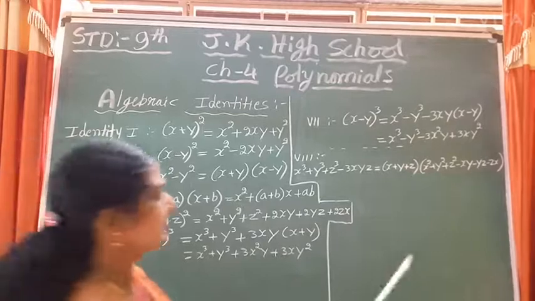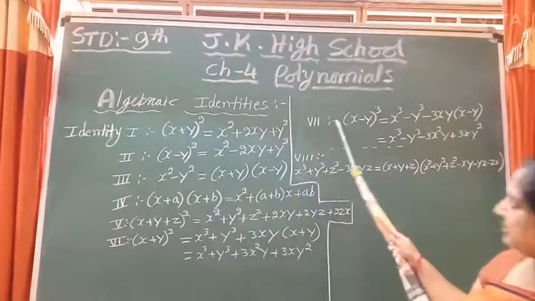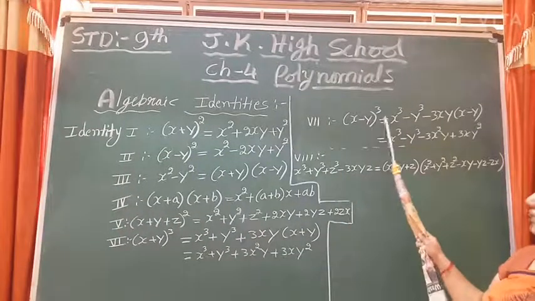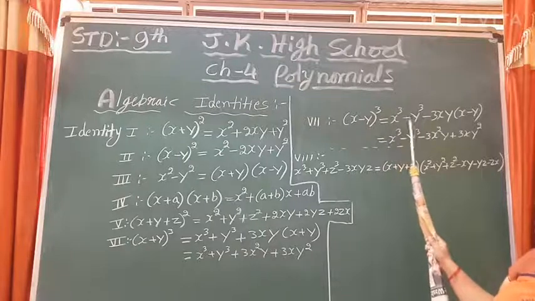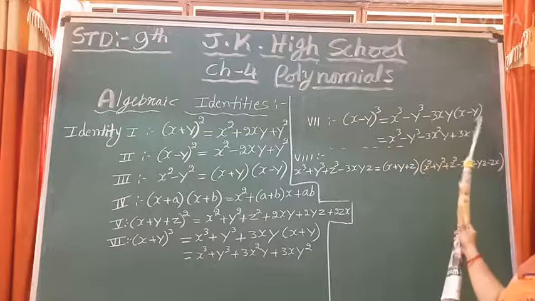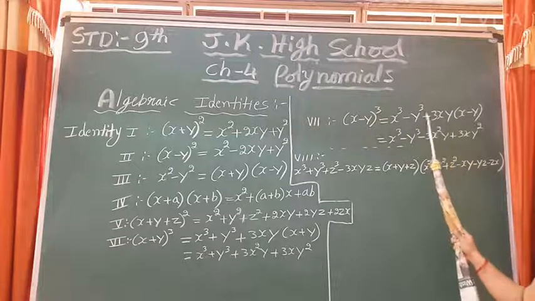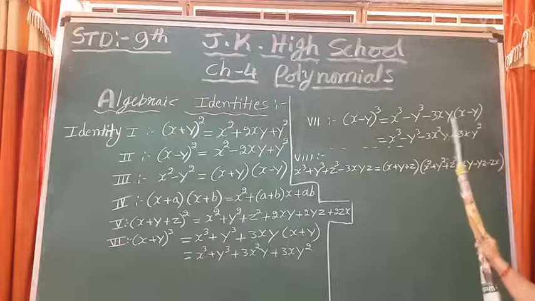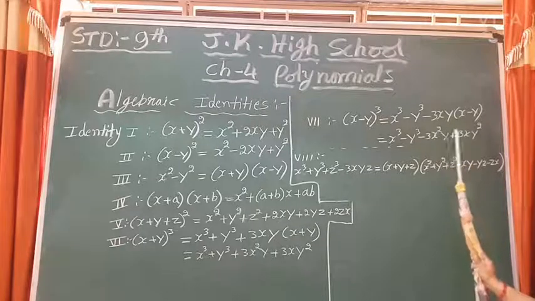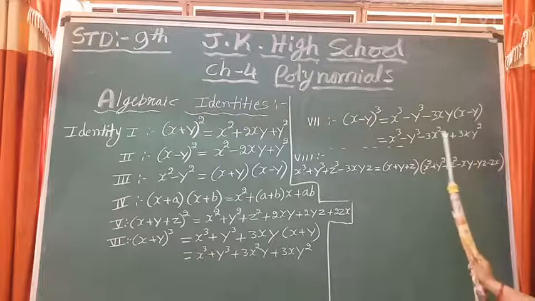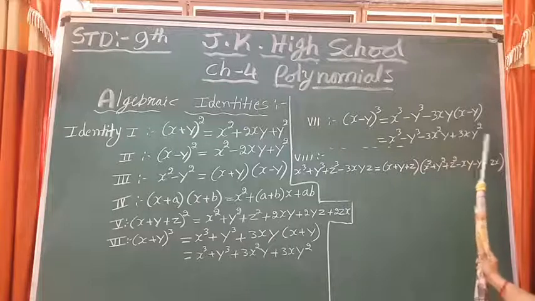In the same way, when the sign changes, this is the 7th identity, that is x minus y whole cube is equal to x cube minus y cube minus 3xy into x minus y. After multiplication, minus into plus gives minus 3xy into x, 3x square y, and minus into minus gives plus 3xy into y, 3xy square.